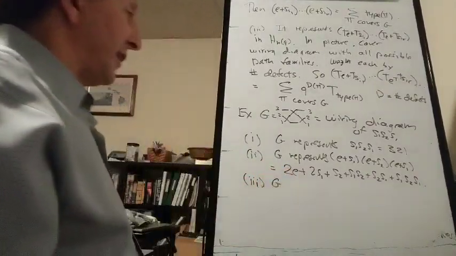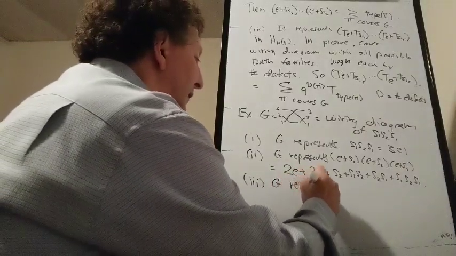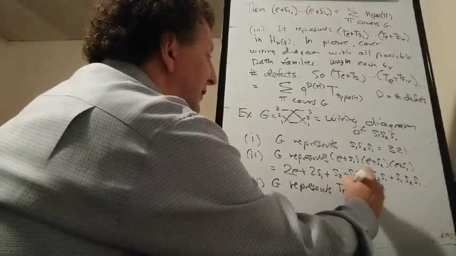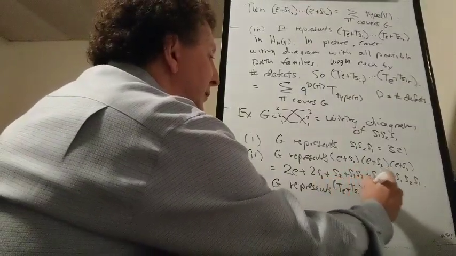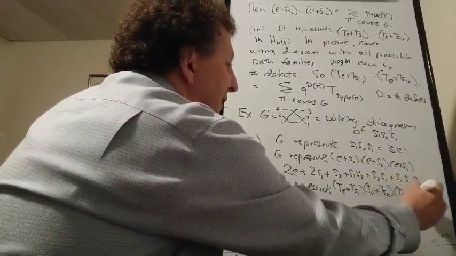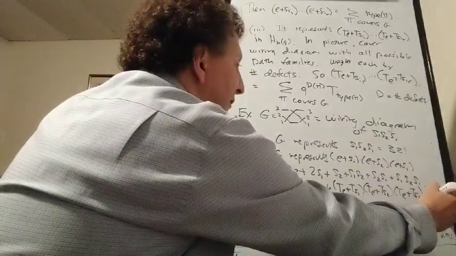If we use this in the third sense as representing a Hecke algebra element, this represents T sub E plus T sub S1 times T sub E plus T sub S2 times T sub E plus T sub S1 in the Hecke algebra, let's say H3.